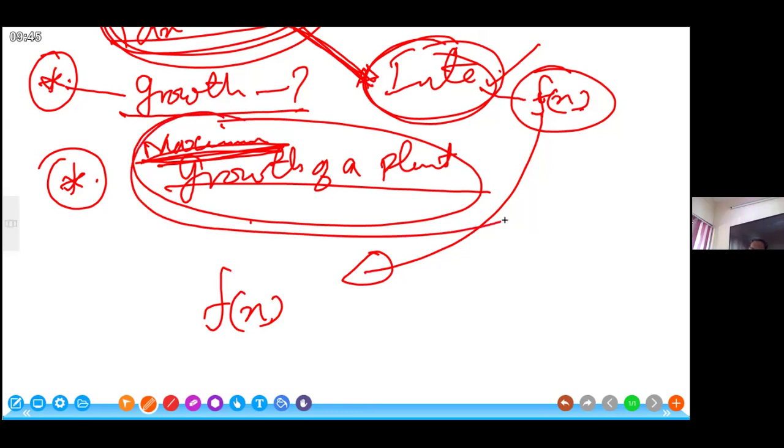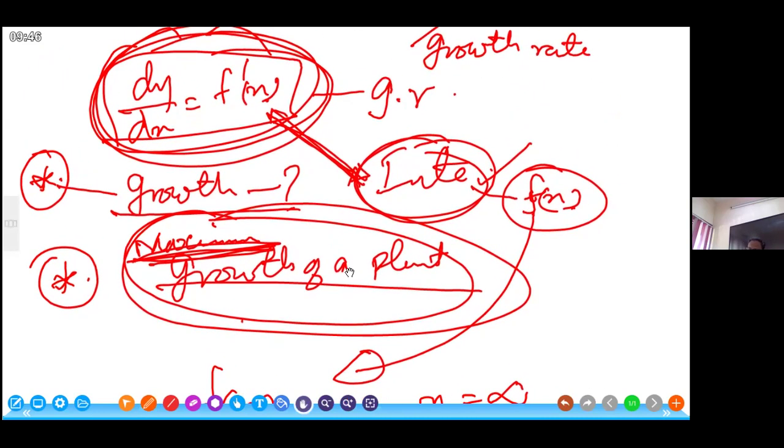For maximum growth, in the function we substitute x as infinity and get the answer. Can you remember the limits?